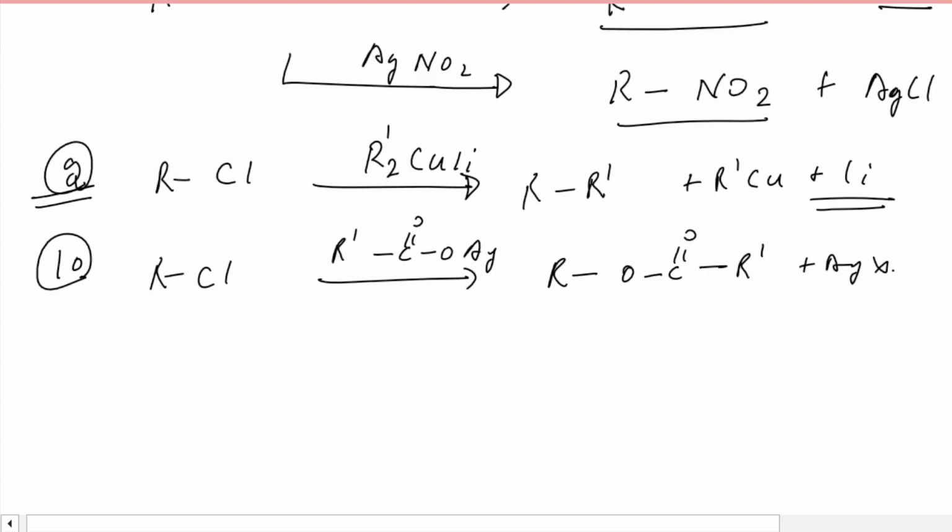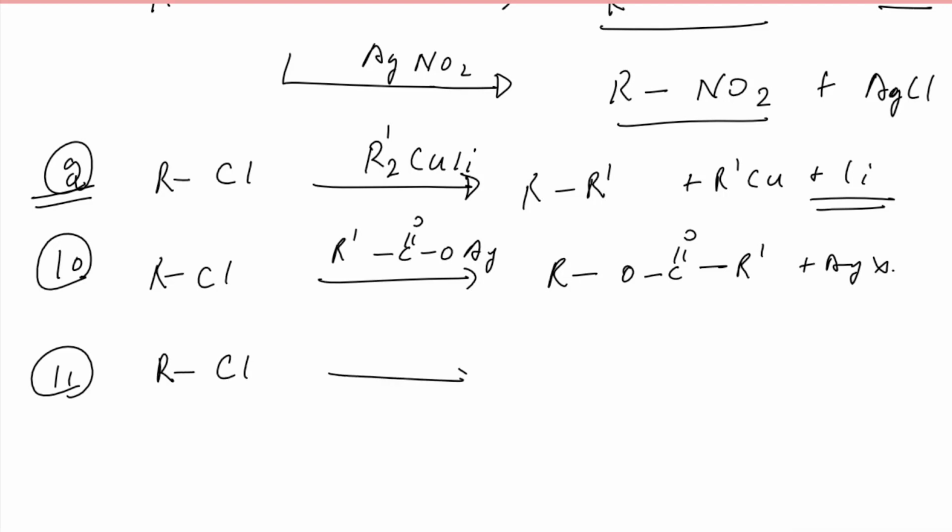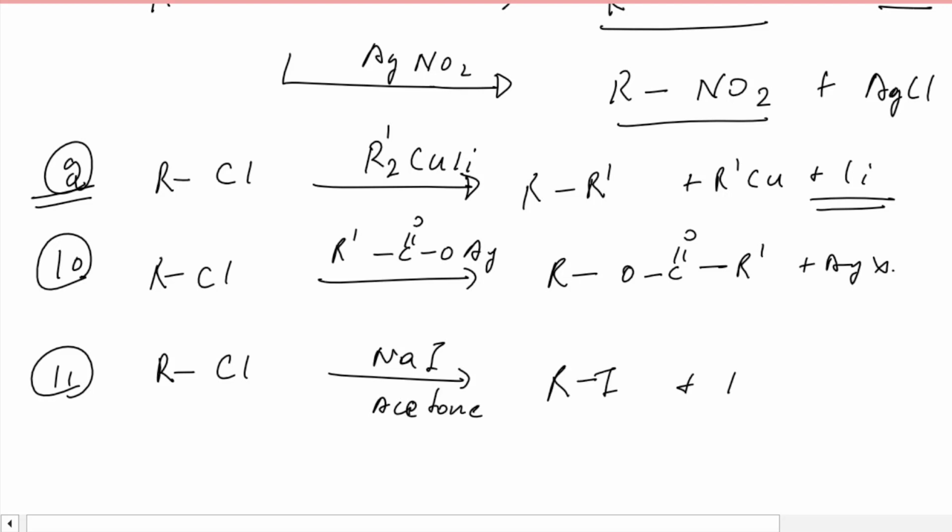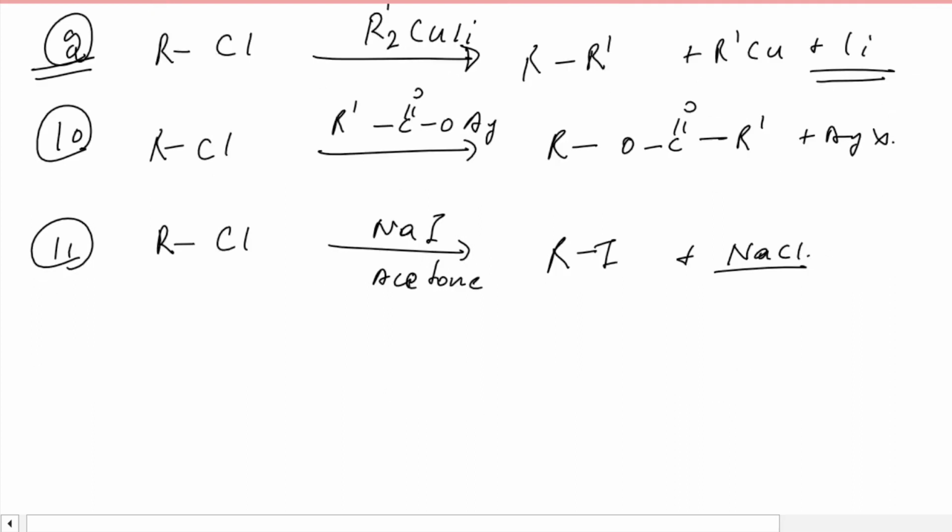So that was all regarding the different kinds of reactions. Next we can mention the halogen exchange reactions also. RCl in the presence of NaI and acetone yields RI plus NaCl, which is precipitated out in acetone.